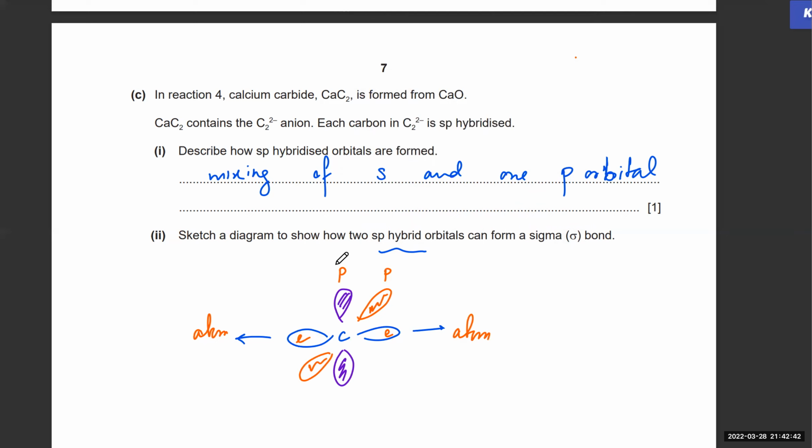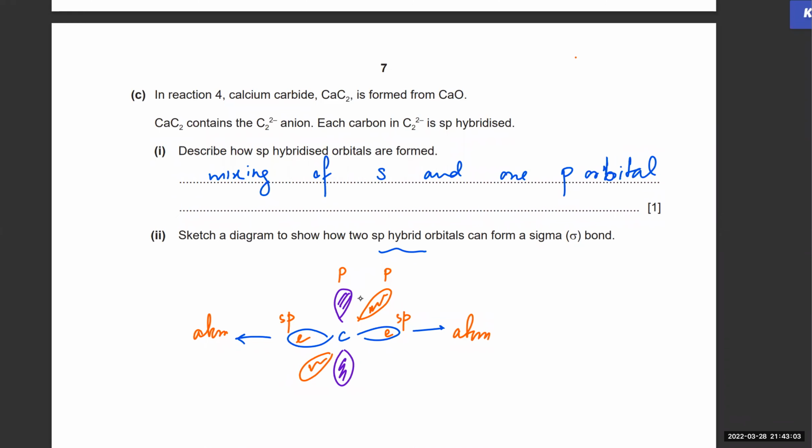Remember, carbon had 4 electrons. Out of those 4, 2 have changed their shape. They've become sp hybrid orbitals, while the other 2 have not changed their shape. And then there's going to be another carbon which is exactly the same.